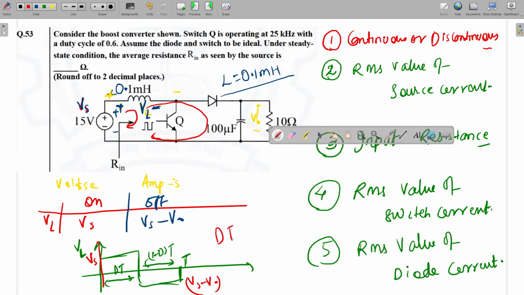So dt into Vs plus 1 minus d into t into Vs minus V naught is equal to 0. This is volt second balance. If you apply this, you get the output voltage Vo is equal to Vs by 1 minus d. Is it clear to all? Or should I explain again?